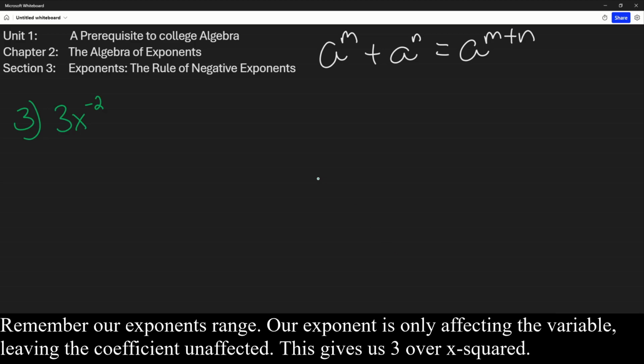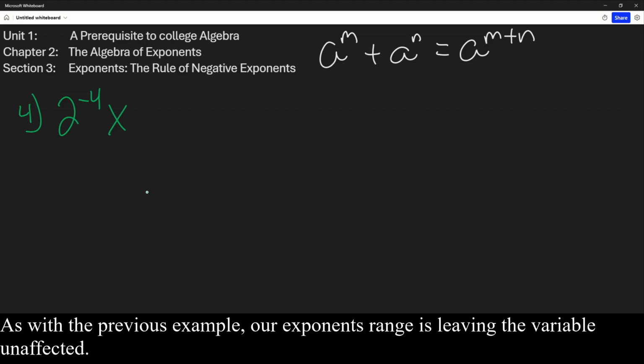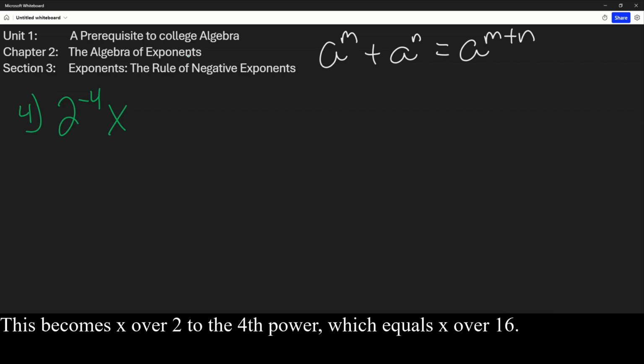Number 3, 3 times x to the negative 2 power. Remember our exponent's range. Our exponent is only affecting the variable, leaving the coefficient unaffected. This gives us 3 over x squared. Number 4, 2 to the negative 4 power times x. As with the previous example, our exponent's range is leaving the variable unaffected.